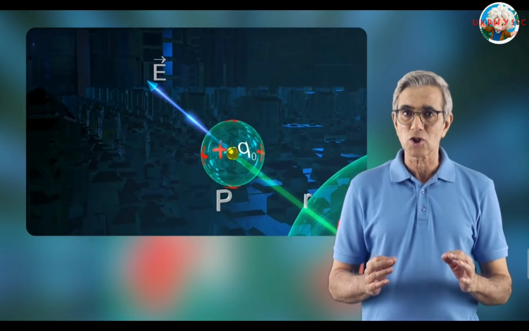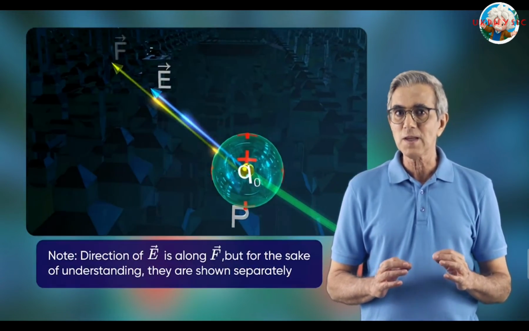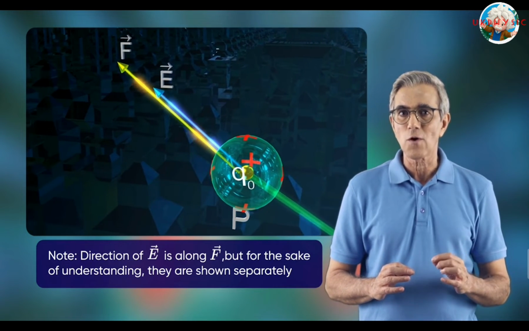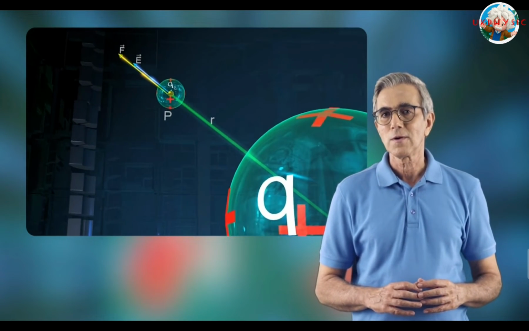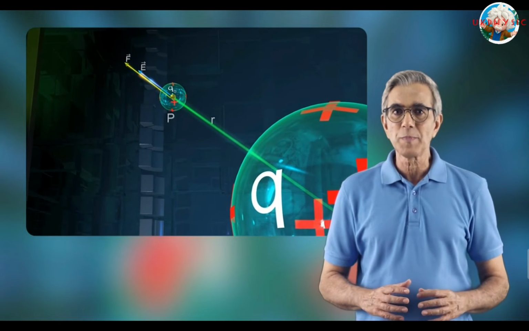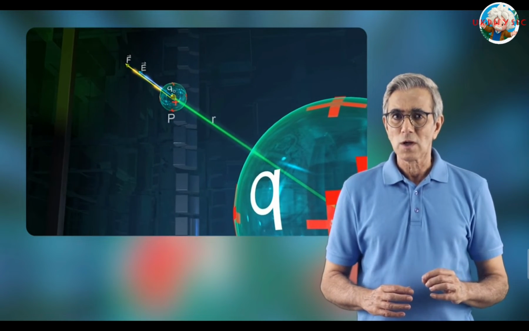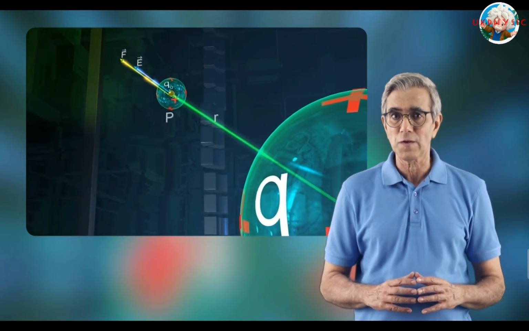The electric field at P due to the charge Q is vector E equals vector F over Q0. The test charge should be as small as possible so that it does not affect the source field.